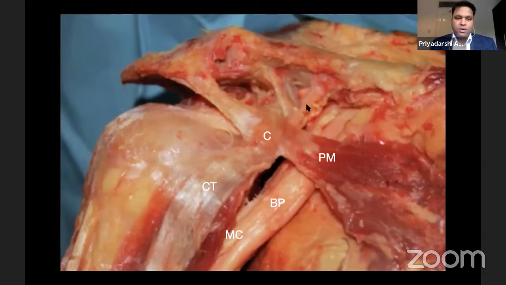So there's again the right shoulder: acromial process, humeral head, coracoid process, and that's the conjoint tendon. These are the CA ligament. On this side, you can appreciate the pec minor tendon, and that big rope-shaped structure is the brachial plexus, which courses posterior to the pec minor muscle.